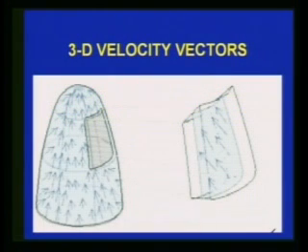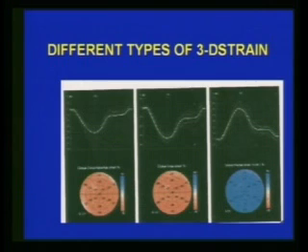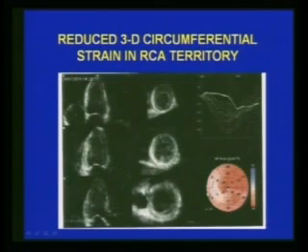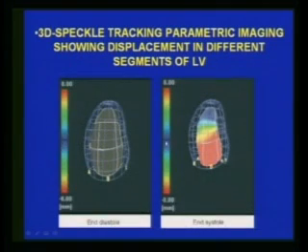These are the velocity vectors in 3 dimensions, and there you can get a circumferential and the longitudinal strain. And you can also see, this is a patient with a right coronary involvement having the loss of the strain in this region using the polar map and using the parametric imaging for the displacement parameter.